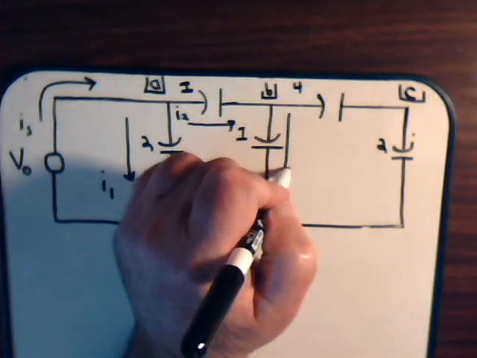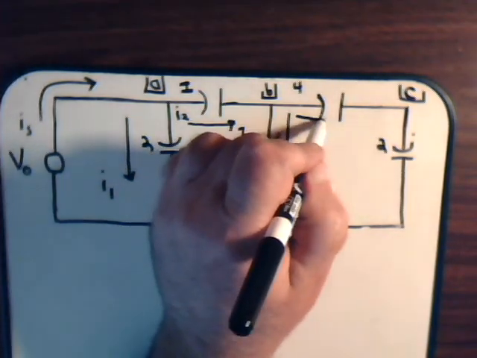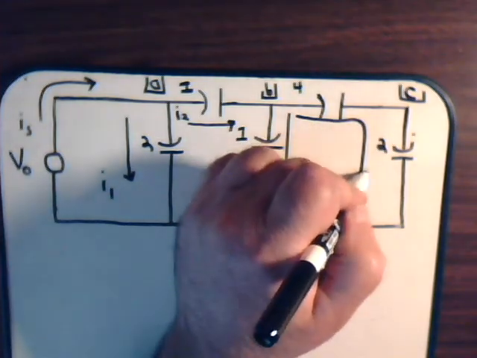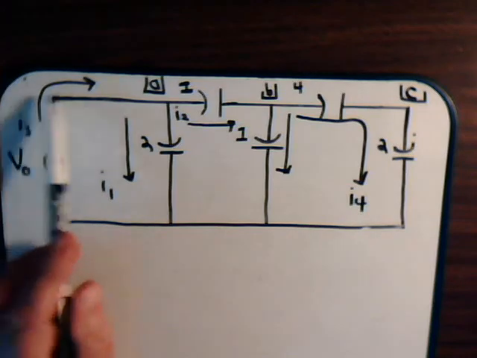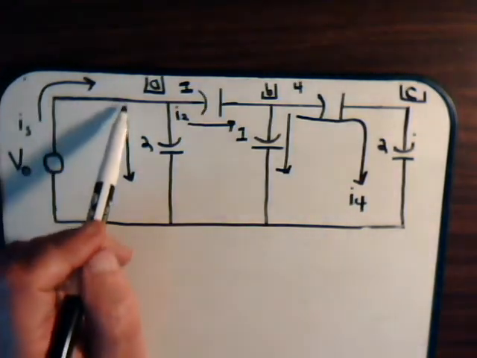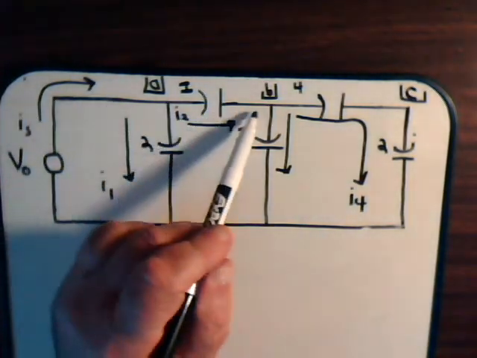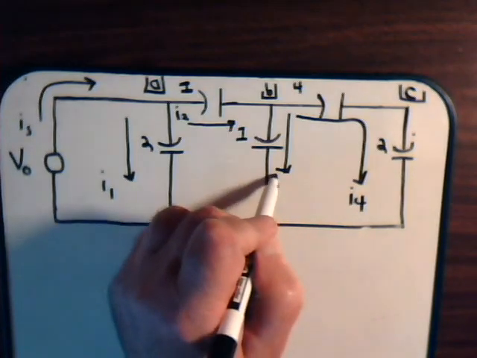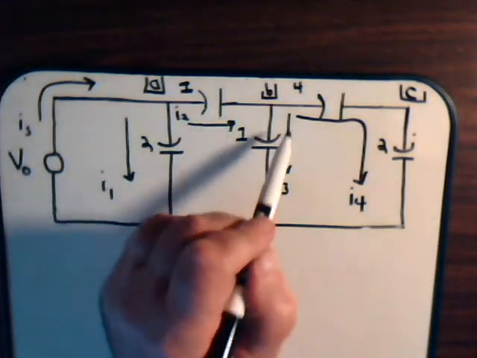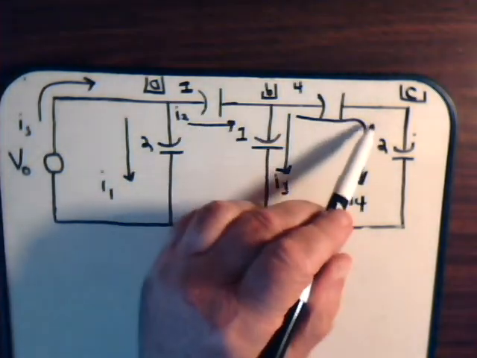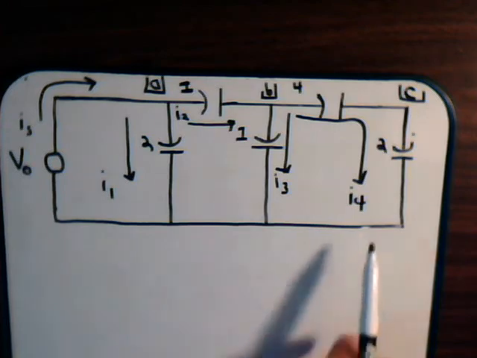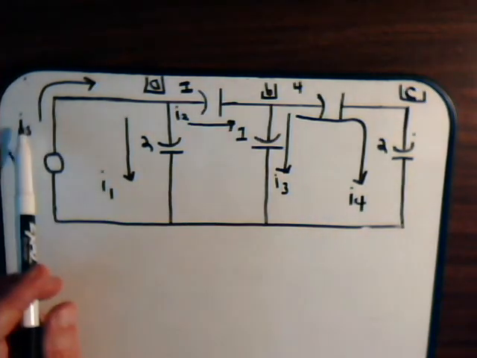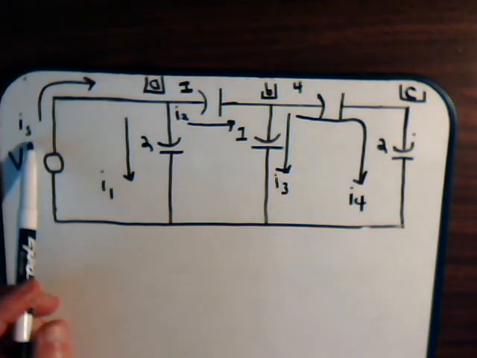Like this, and then another one, I4, like this. So it comes here, IS, and it splits into I1 and I2, and then I2 splits into I3 and I4. And we want to know what is the relationship between current I4 and the source current.